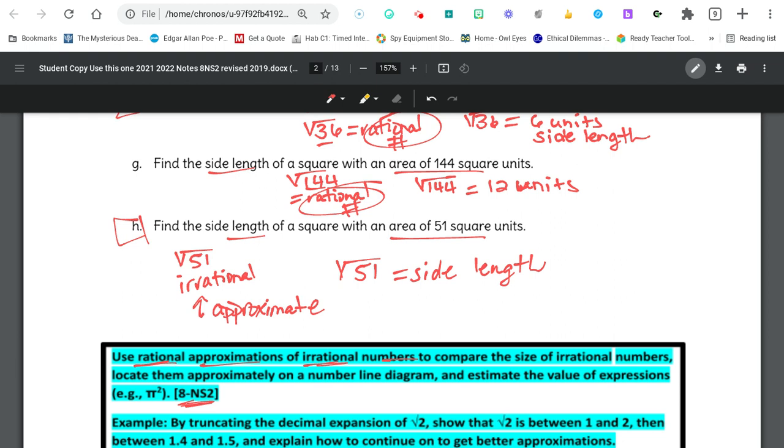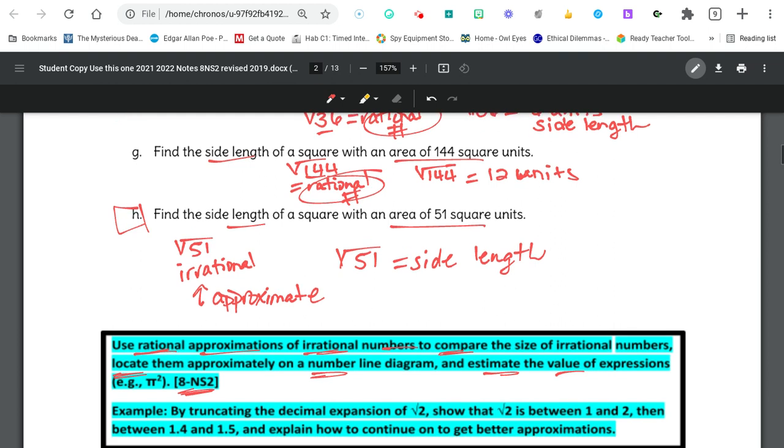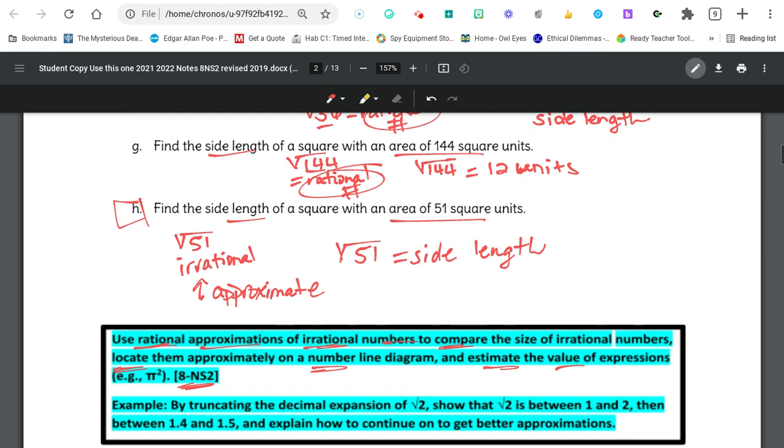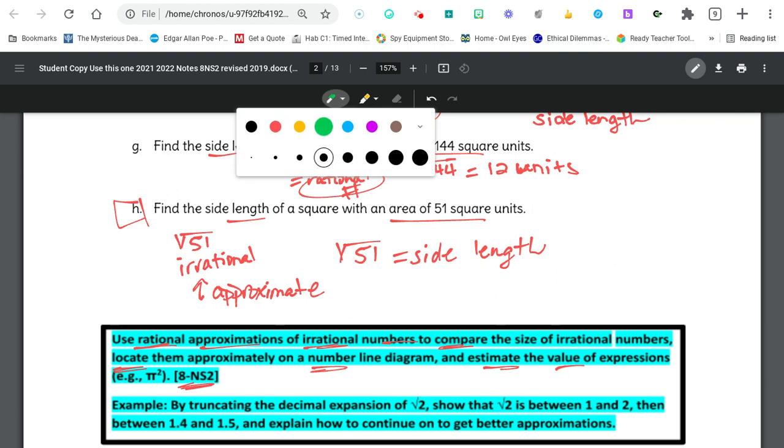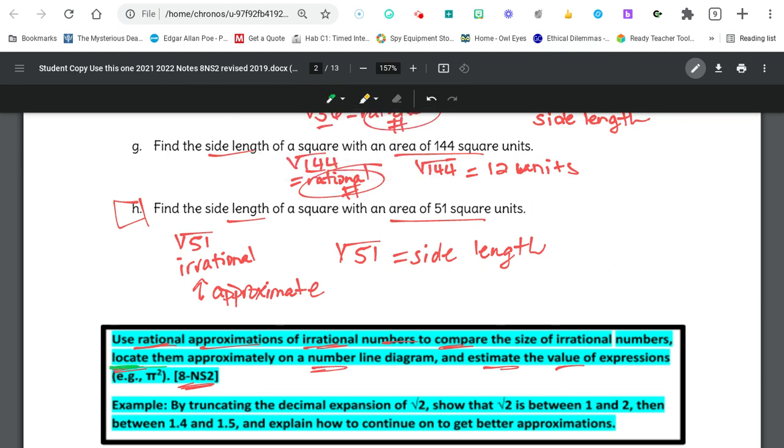Now today we're just going to locate them on a number line, but tomorrow we might compare them. So we've got to compare them, locate them on a number line, and estimate their value. So today we're just going to estimate their value and locate them on a number line. I'm going to underline it in green.